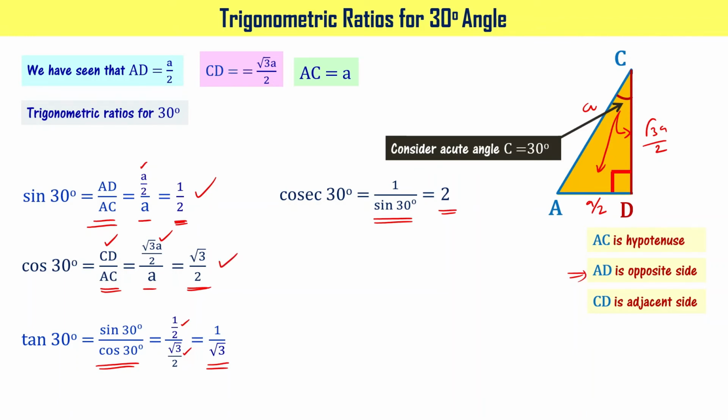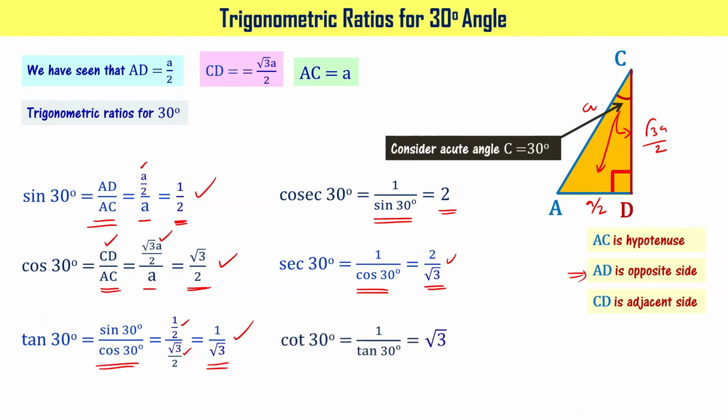It means sec 30 degrees is going to be 2 by root 3. Right? 1 by cos 30 is sec 30. That is 2 by root 3. Tan 30 degrees is 1 by root 3. It means cot 30 degrees is going to be just root 3. Right? 1 by tan 30 degrees is root 3. Got it?